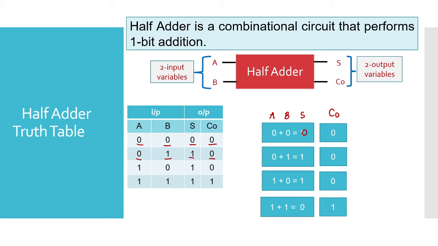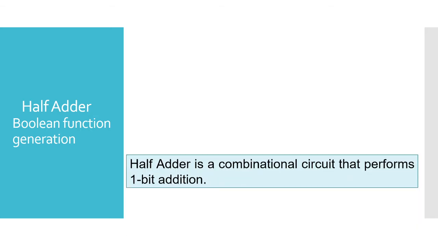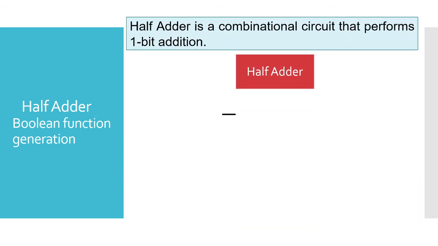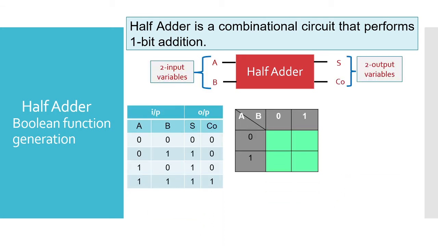Next step, once you know the truth table, you will find out the Boolean function. I want minimum hardware, so I will use the K-map method. As this problem has 2 variables, I am drawing one K-map and writing the cell numbers. This is my 2 variable K-map.